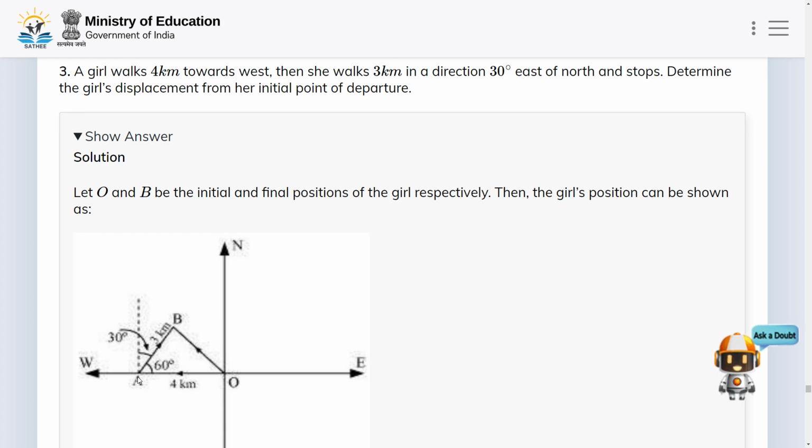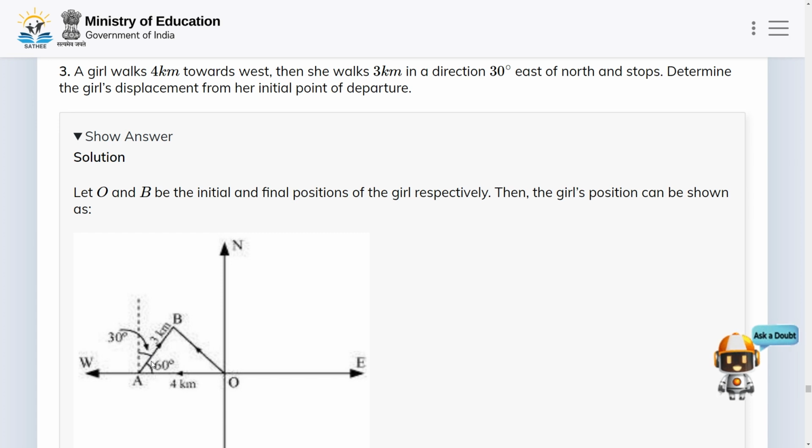Now she walks 3 km east of north, making 30 degrees, as you can see. East of north means that if you make a line going through point A perpendicular to OA, this angle will be your 30 degrees.